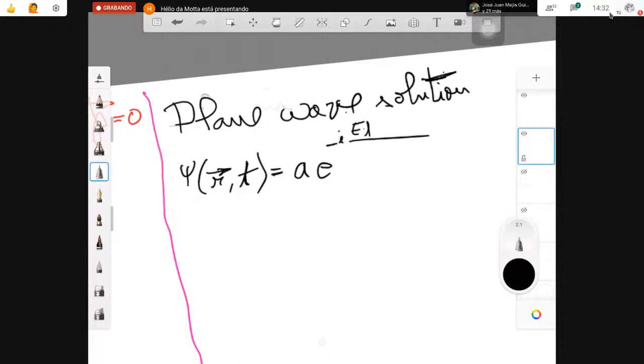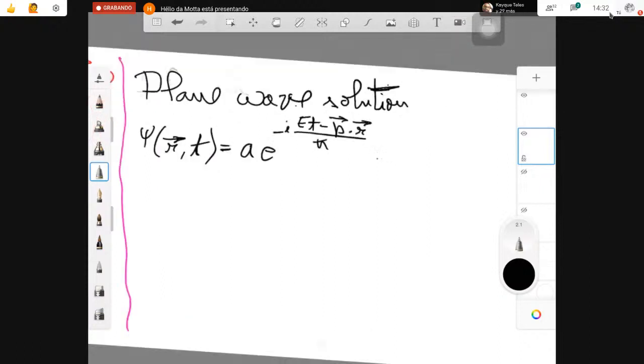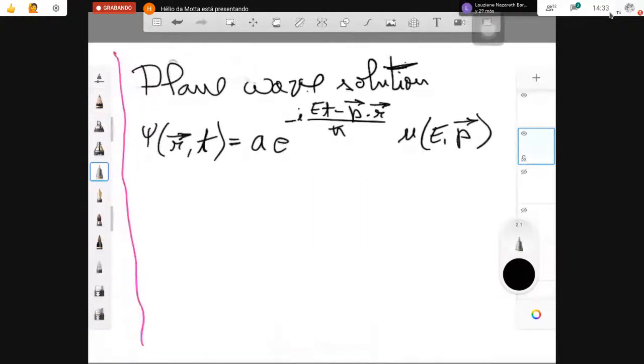At the very beginning, that's what I showed yesterday. Okay, so that's how a plane wave should look.